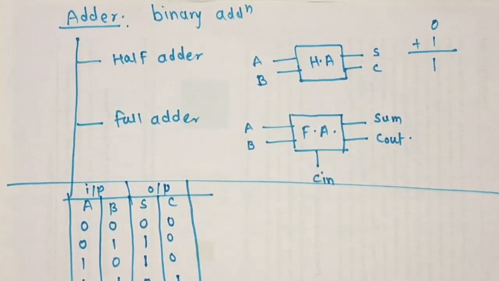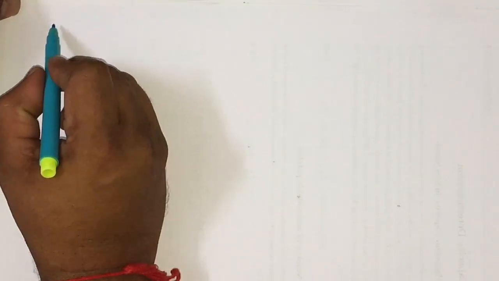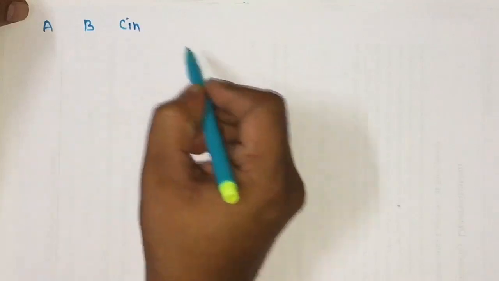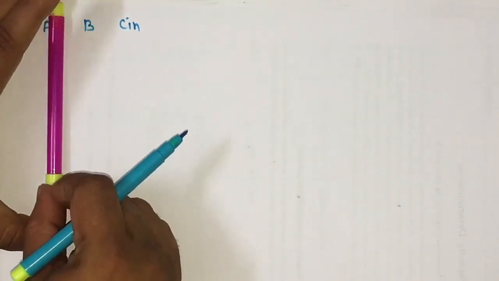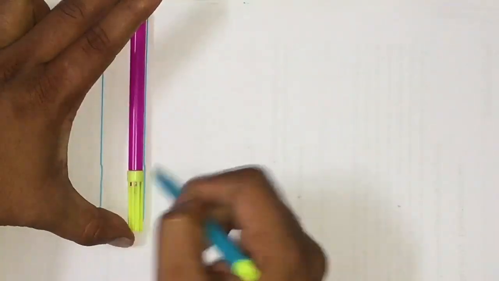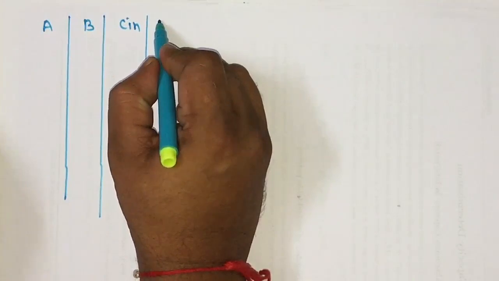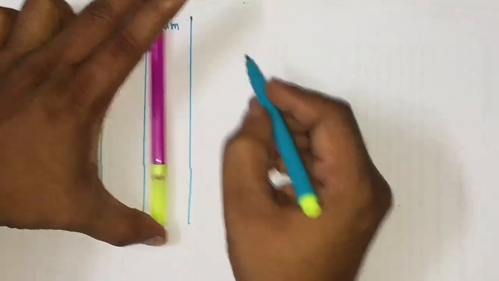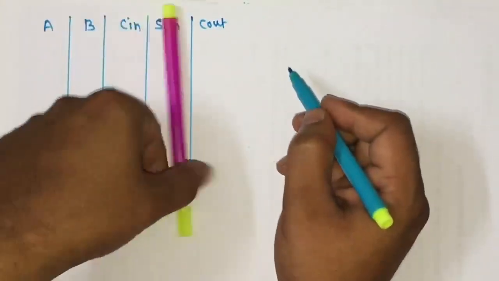Now for the full adder, I will draw the truth table. The full adder consists of 3 inputs, that is A, B, C in, and 2 outputs, that is sum and carry.